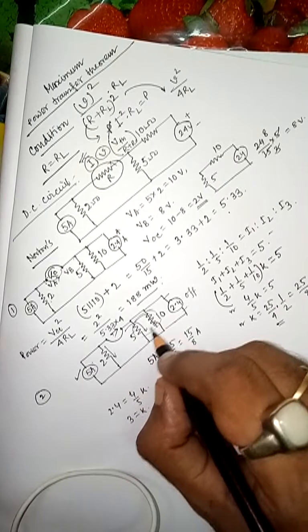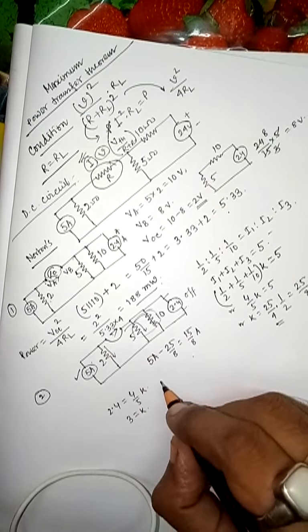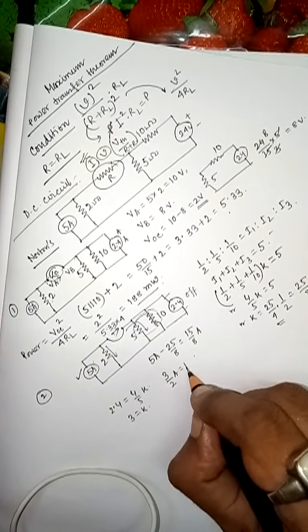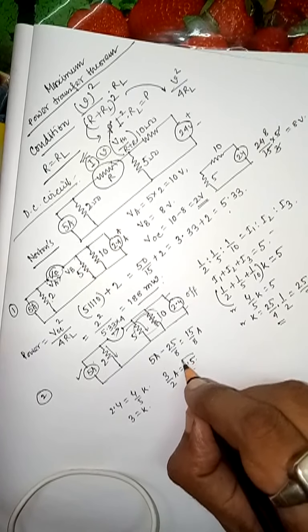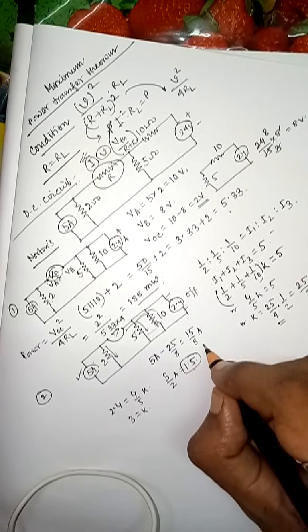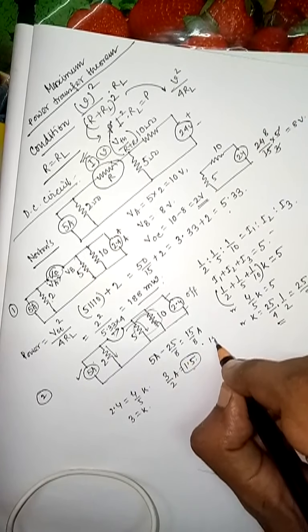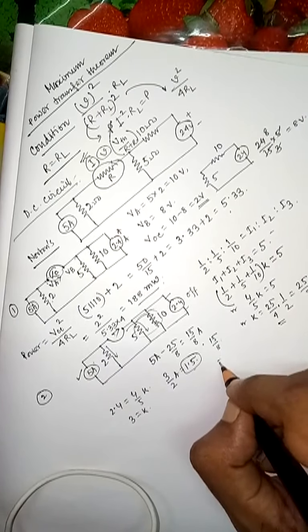These two branches have that current flow, so obviously current flow in this branch is I by 2. So it is 3 by 2 ampere equals 1.5. So that is 1.5, and that is 15 by 8 ampere.